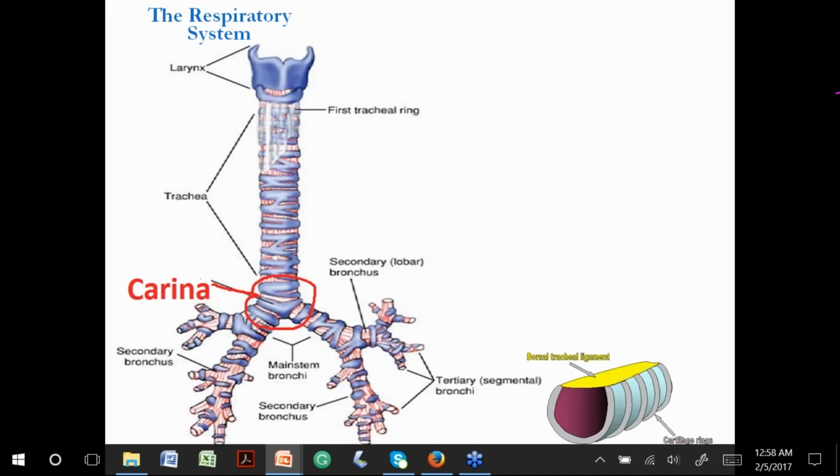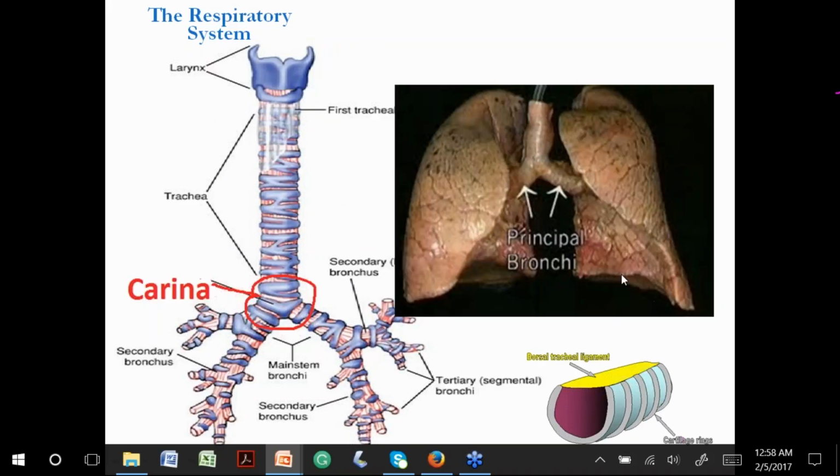All right, so here we have another name that you must remember. Here we have the trachea, and the trachea is going to divide into branches, into primary bronchi. Bronchus is singular, bronchi is plural. So this is the carina.